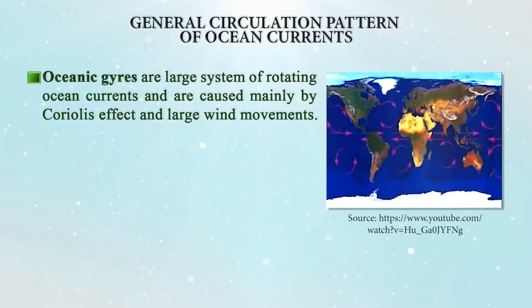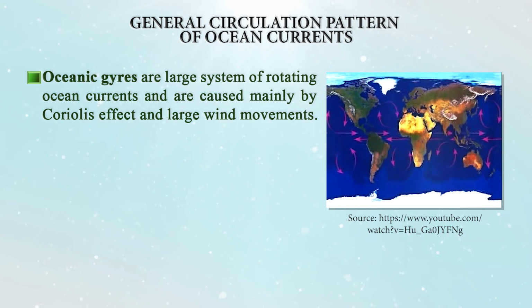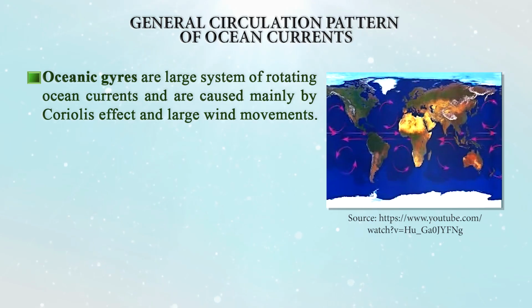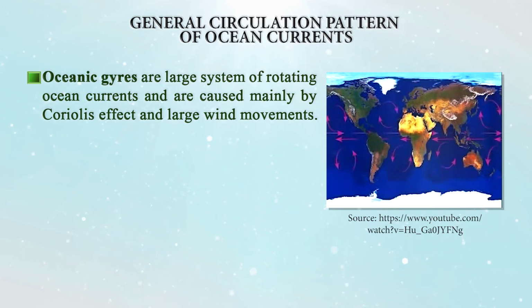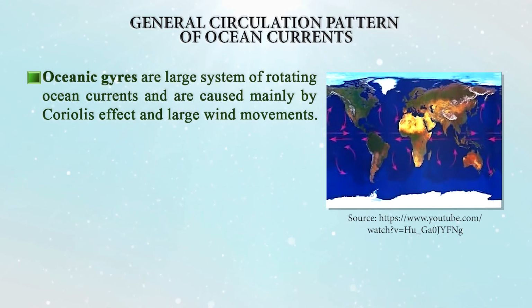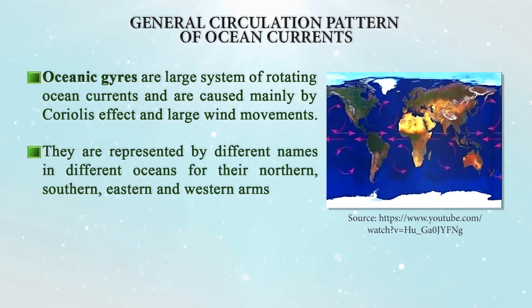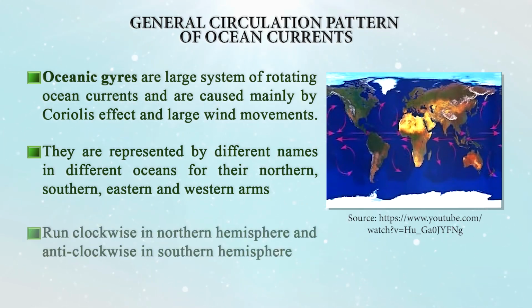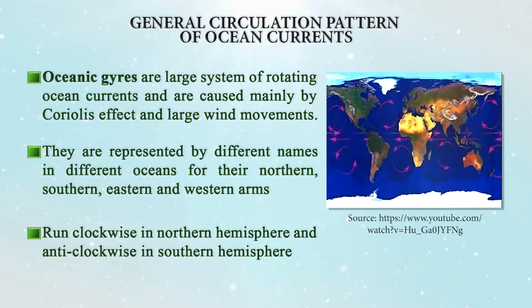So, large oceanic gyres are formed, which are large rotating systems of ocean currents caused mainly by the Coriolis effect and large wind movements. They are represented by different names in different oceans for their northern, southern, eastern and western arms, and they run clockwise in the northern hemisphere and anti-clockwise in the southern hemisphere.